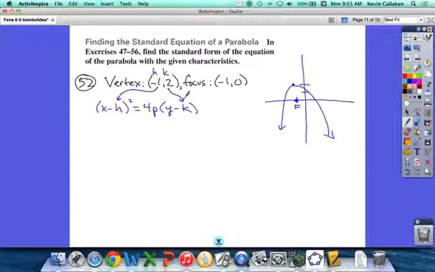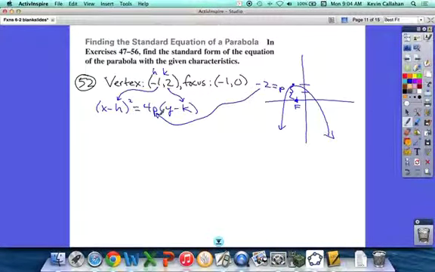P is the distance from the vertex to the focus. So what is this distance? P equals 2. Okay, well, it opens down, so what does P really equal? Negative 2. Right? So P equals negative 2. So that goes here.